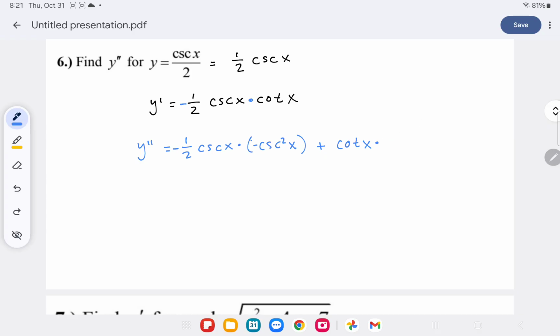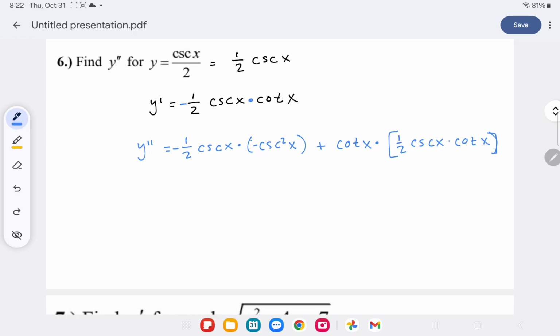The derivative of negative 1/2 cosecant would be negative 1/2 times negative, so positive 1/2, cosecant times cotangent. Oops, and that did not look very clear. So that negative 1/2 turned into a positive 1/2 when I multiplied by the negative, which is part of my derivative.